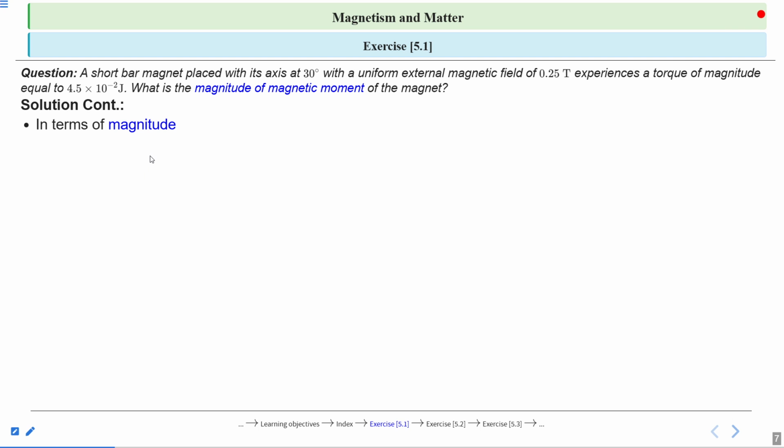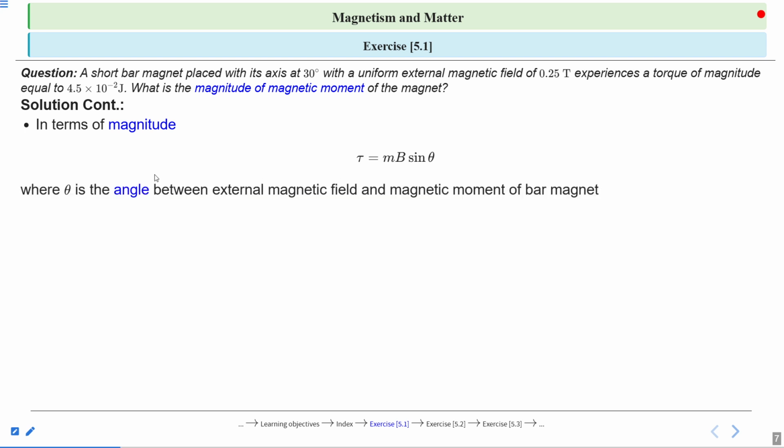So in terms of magnitude, the equation is tau is equal to mB sine theta. Okay, theta is the angle between the direction of magnetic moment and direction of magnetic field, where theta is the angle between external magnetic field and magnetic moment of the bar magnet.